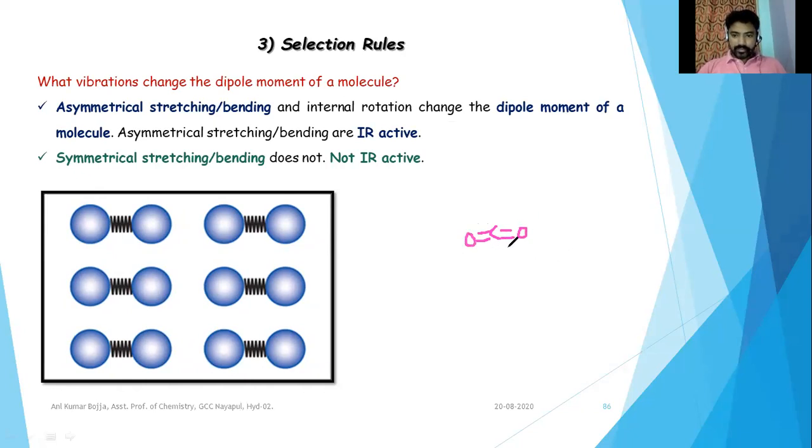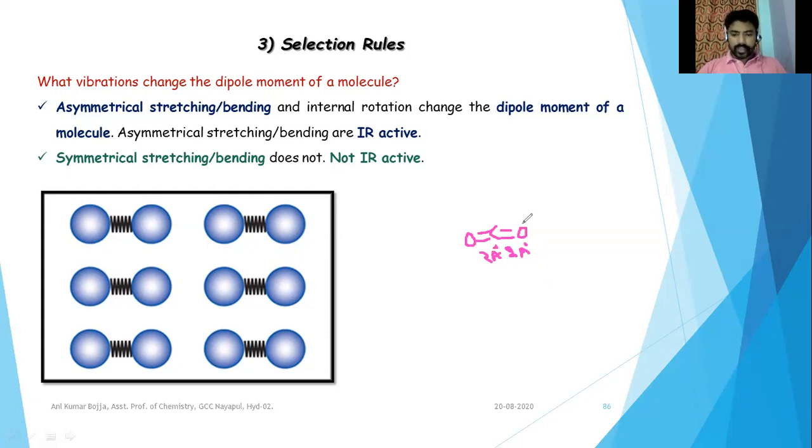For example, if we consider the bond distance, not the experimental value, just taking it for convenience to easily understand, the bond length is 2 angstrom units. Here also the bond length is 2 angstrom units.